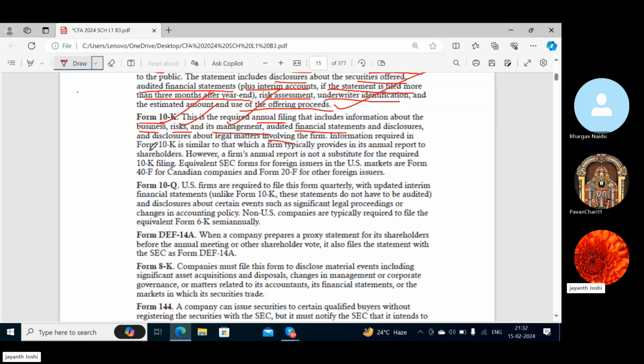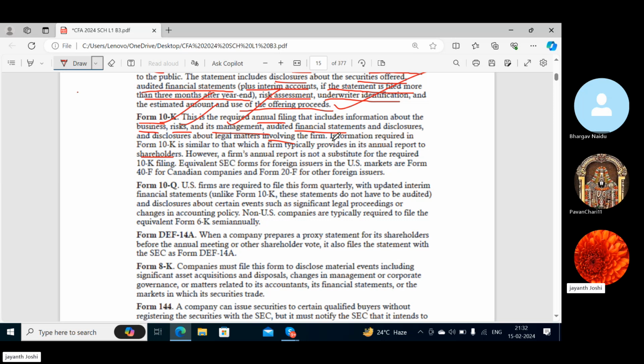Information required in Form 10-K is similar to that which a firm typically provides in its annual report to shareholders.